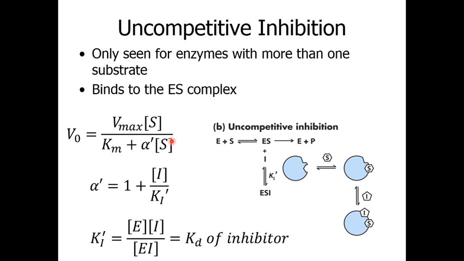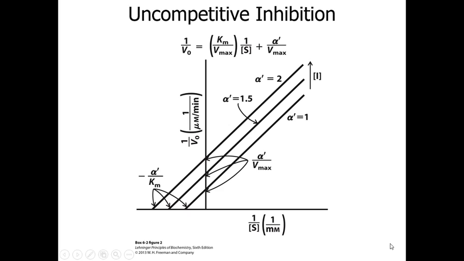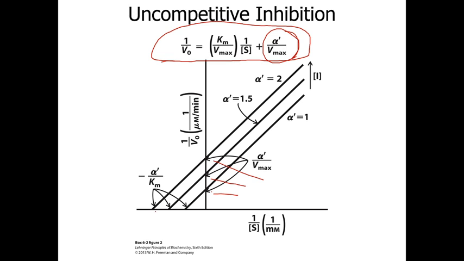Let's look at how the graph changes. For an uncompetitive inhibitor, the Lineweaver-Burk plot, or the double-reciprocal plot, is parallel. This is such an easy way to remember. If you look at the double reciprocal equation, the alpha prime is on Vmax, so this is the intercept term. There are various different y-intercepts, as you can see, and x-intercepts.